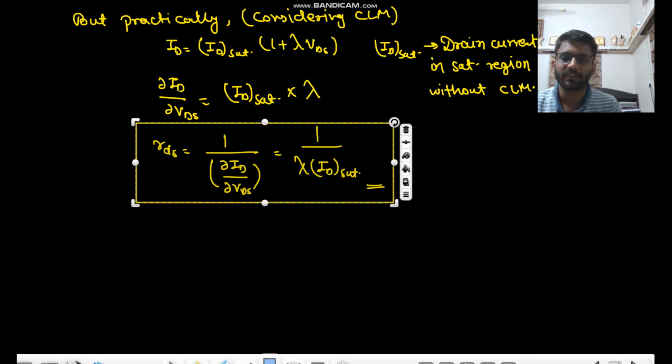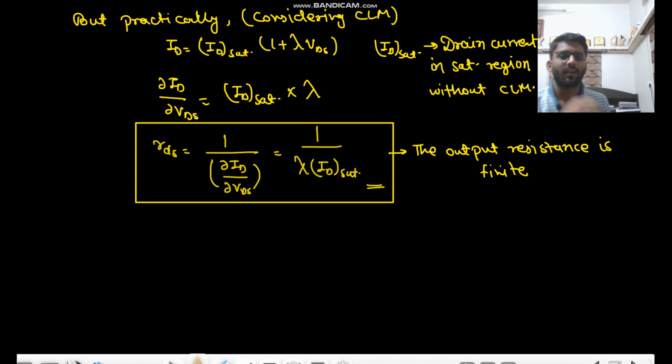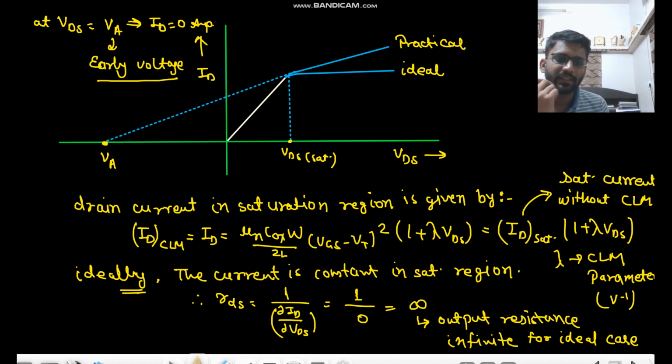So the output resistance is finite. And one more thing: at VDS equals VA, ID becomes 0 ampere.